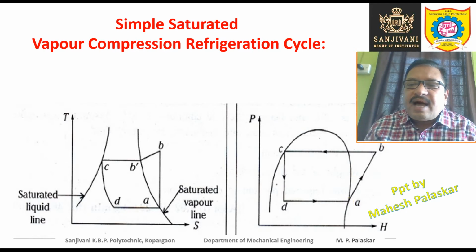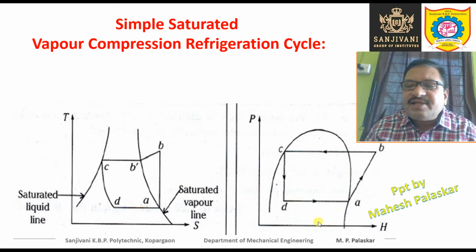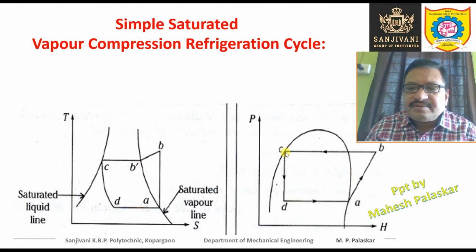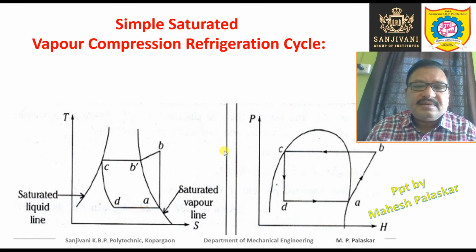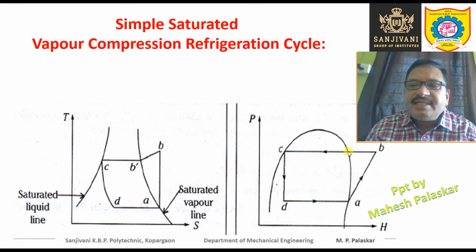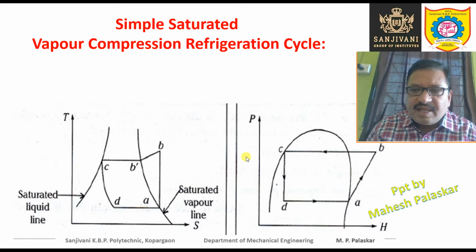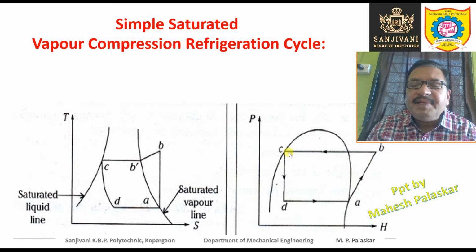Again, after the first process of isentropic compression, AB is the first process of isentropic compression. Second process is condensation, BC. So here B dash is there. So B dash C or BC is the process of condensation. So the vapor refrigerant is condensed during the process BC.